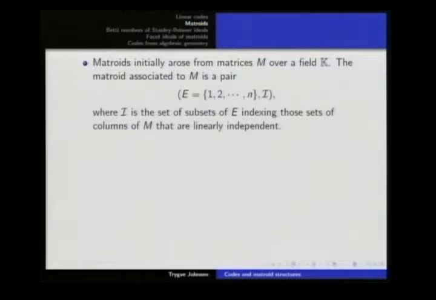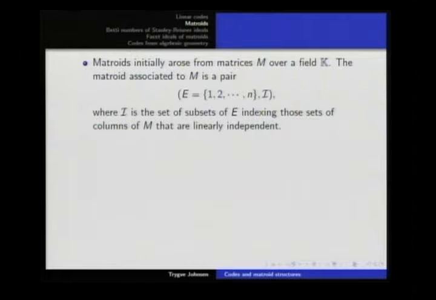That's my point. Okay, matroids initially arose from matrices. That's something I just find evident, at least the word, something which is derived from matrices. And the matroid associated to a matrix M is a pair (E, I), where E is the index set of the columns. This matrix has n columns.